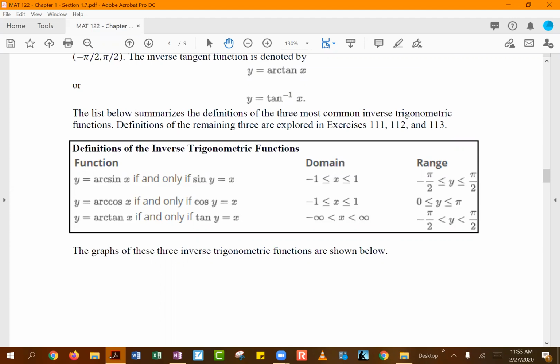So that range now becomes the domain of the arctangent function. And then of course, with our restrictions, your range will be negative pi halves to pi halves, including the endpoints for sine, 0 to pi halves, again, including the endpoints for arccosine, but not including the endpoints on the arctangent. So you're only going from negative to positive pi halves.